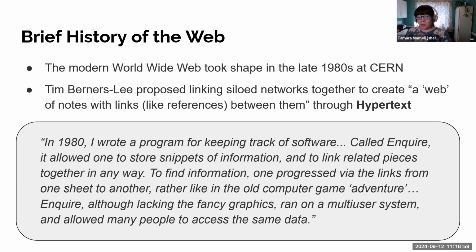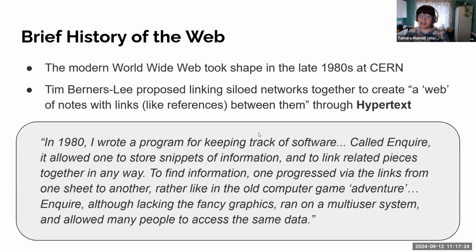So the modern World Wide Web took shape in the 1980s at CERN. CERN is an acronym that's in French, but it means the European Organization for Nuclear Research. And Tim Berners-Lee is credited with the concept of the modern web because he used the word web in a paper. I think this was actually published in 1989.